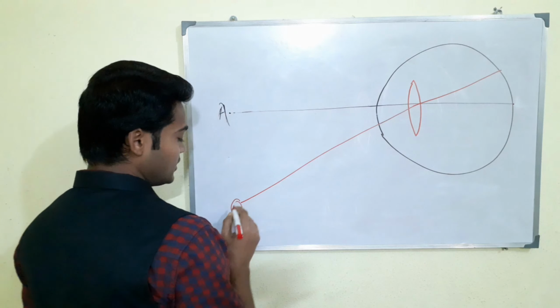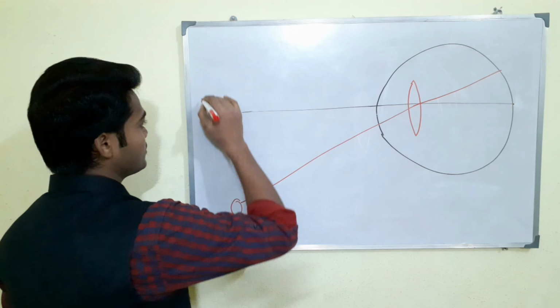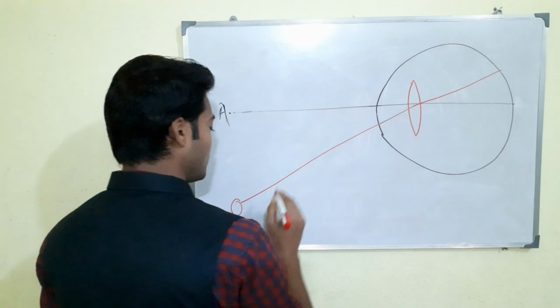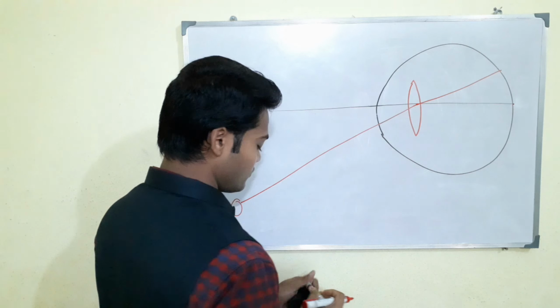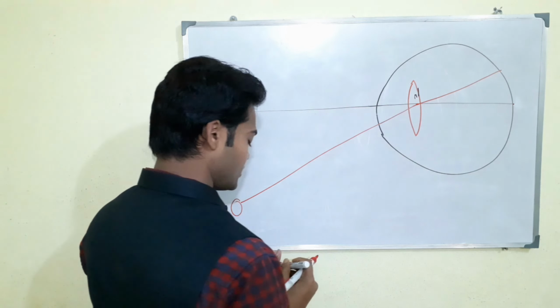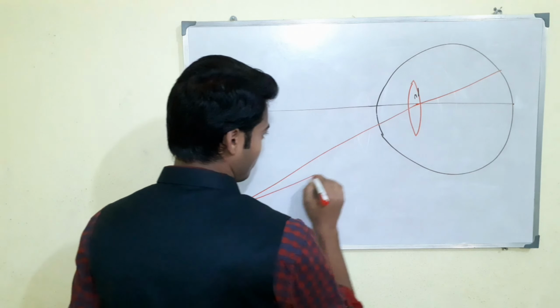This is called the fixation point, and this is called the optical point. Another point I use is the nodal point, which I write here in black as N. And from here there is also a fixation axis.